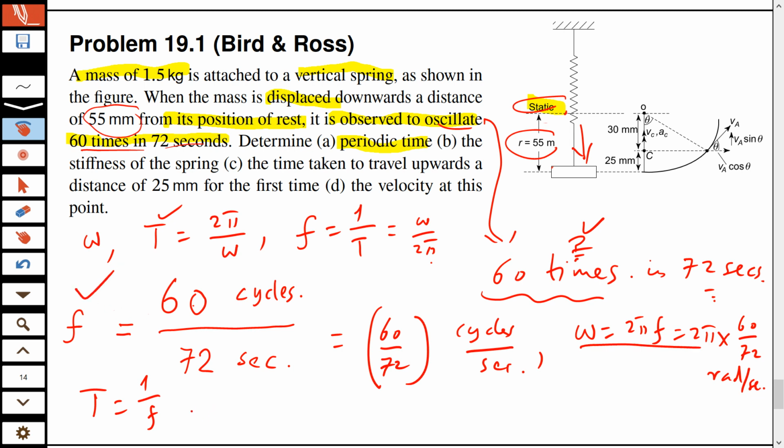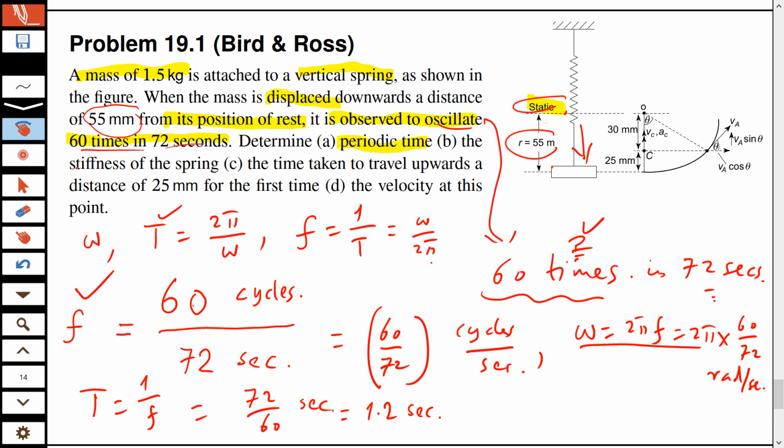We know frequency, so time period will be 72 divided by 60 seconds. ठीक है, अब इसको कैलकुलेट कर दें. क्या आंसर आता है इसका? 72 divided by 60 का 1.2 seconds. Yeah, 1.2 seconds.